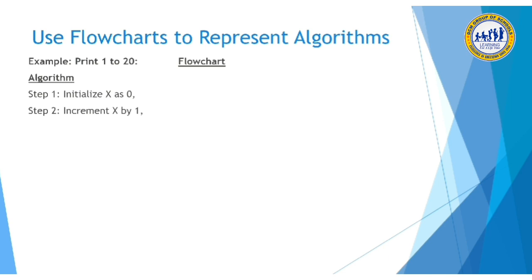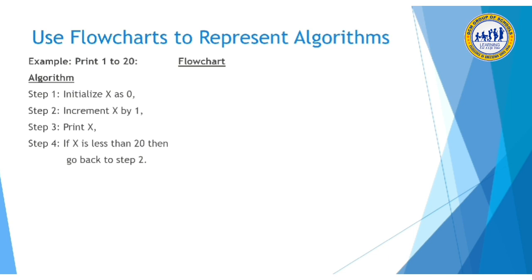After that, we have added a condition where if x is less than 20, it will again go to step 2 and increment the value of x from 1 to 2. Now it will print x as 2 and then check the value in step 4. The process will continue till x reaches 20. At x equals 20, the condition will fail and the process will terminate.